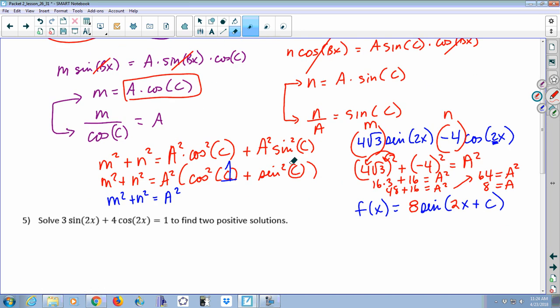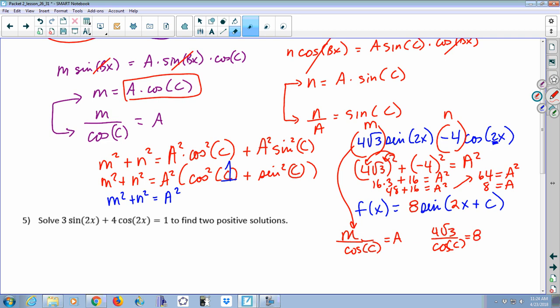To find C, we're going to use this idea, M over the cosine of C equals A. So let's fill that all out. So M is what? 4 square roots of 3, that's right here. M is the coefficient of the sine, over cosine of C is equal to 8.